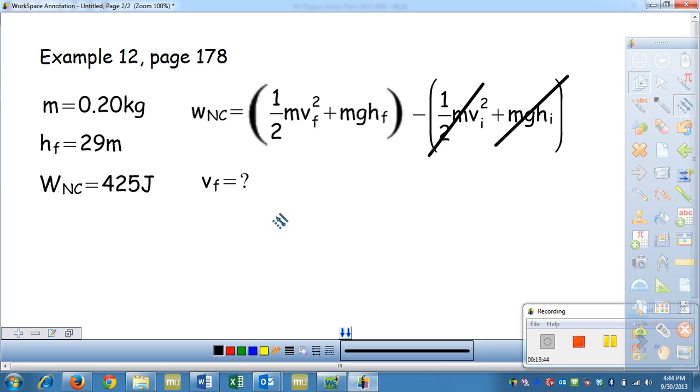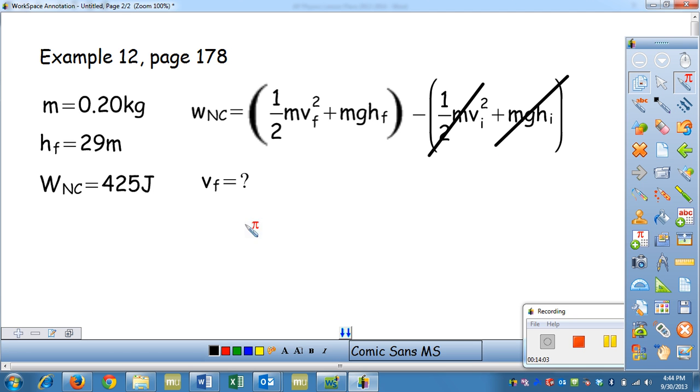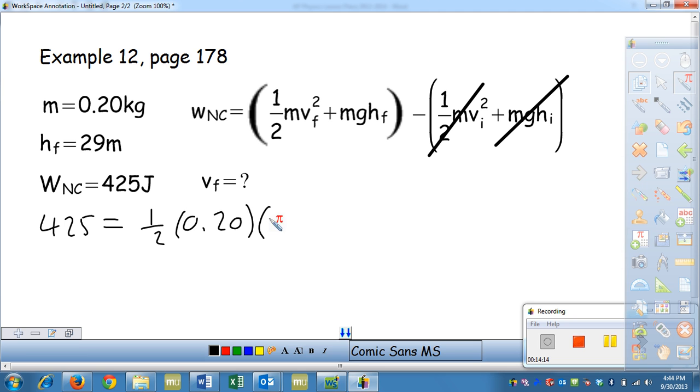So let's see where we are here. That's 425 equals 1/2 times 0.20 times V final squared plus 0.20 times 10 times 29.